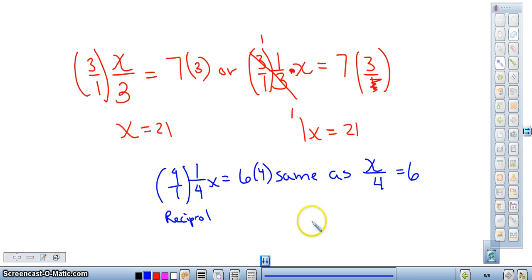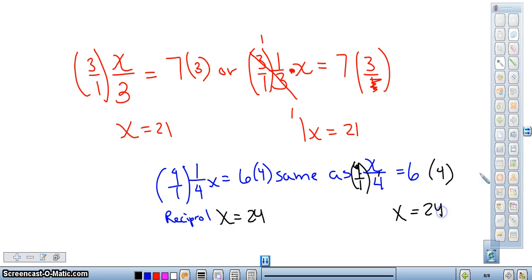The inverse of dividing is multiplying by 4/1. I am going to get the same solution, x equals 24, in both cases. We're going to be starting our 2-step equations soon, so hopefully these 1-step equations are making sense to you now.